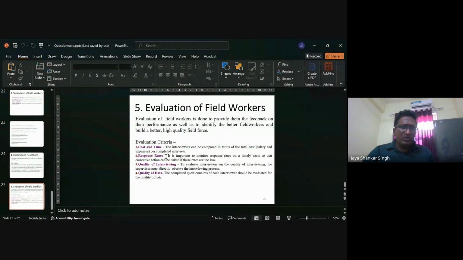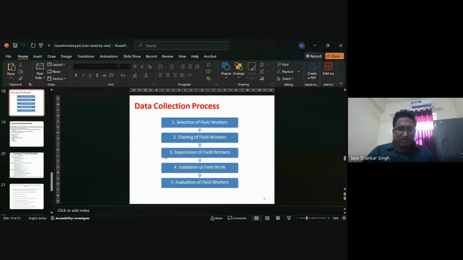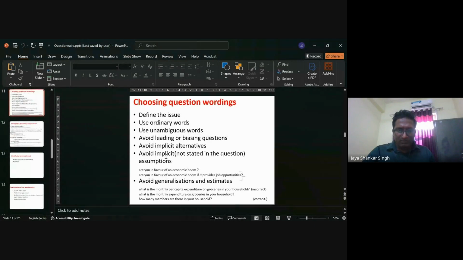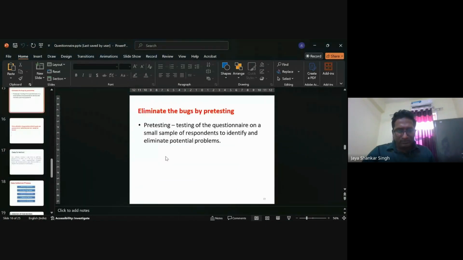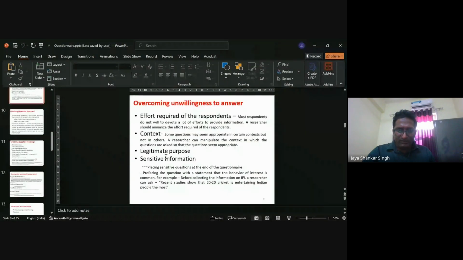Okay. So we have understood how questionnaires are formed. We discussed this data collection process. These things we already discussed in the first half.